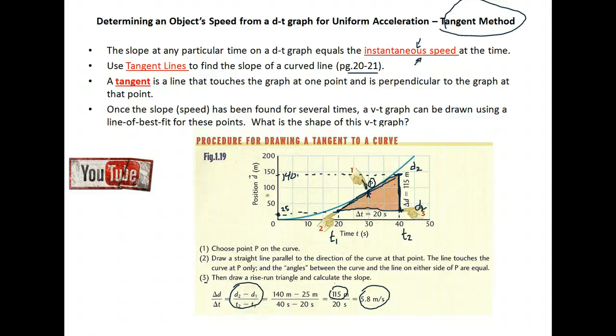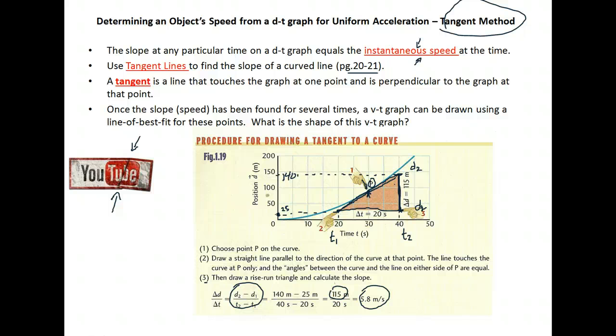So what I want you to do is to have a look at the YouTube clip that's posted here. And that clip is listed on the course website under this week's notes. So you'll see a link there for tangent lines and instantaneous speeds. And it'll show you how to draw these lines and how to calculate that. And if you have any questions on it, I'll go over it with you.